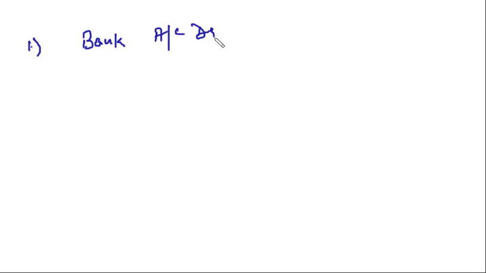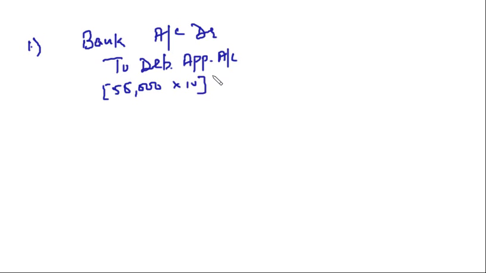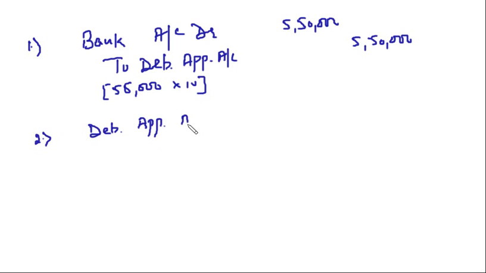Entry for that is bank account debit to debenture application account, for 55,000 debentures multiplied by 10, 5 lakh 50,000. Now the second entry will be transfer of this debenture application money to debentures account: debenture application account debit to 10% debentures account.